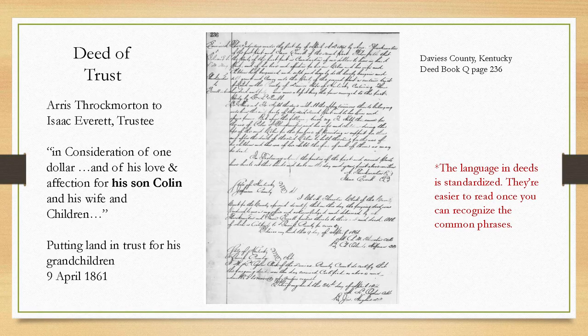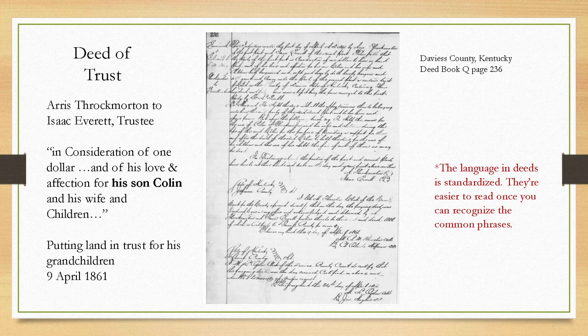This is a deed of trust from Heiress Throckmorton naming Isaac Everett as a trustee. And when you're looking at deeds, it's all standardized. So once you know what the deeds are supposed to say, even if you can't read the handwriting, you know what it says anyway. It's almost a fill-in-the-blank thing.